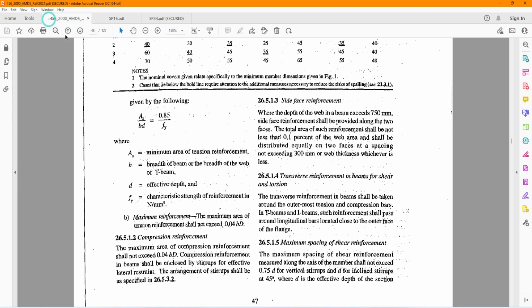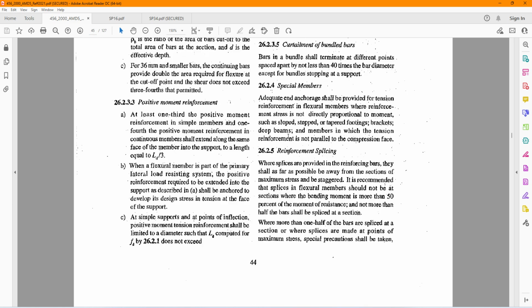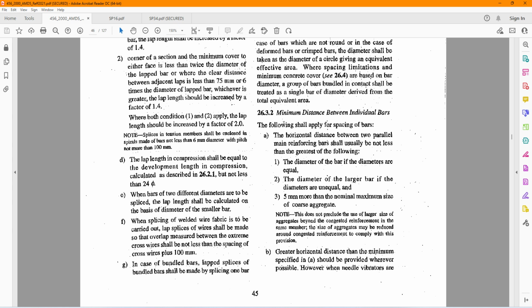So IS 456, page number 45. See, clause 26.3.2, minimum distance between individual bars. The horizontal distance between 2 parallel main reinforcing bars shall usually be not less than the greatest of the following.